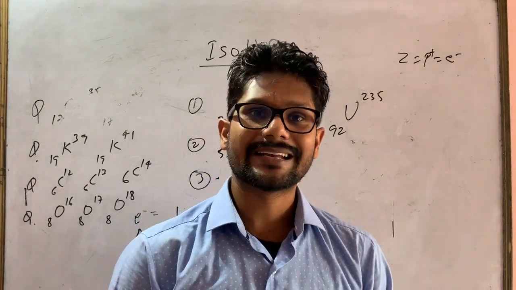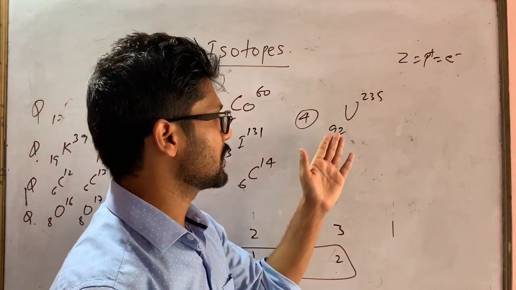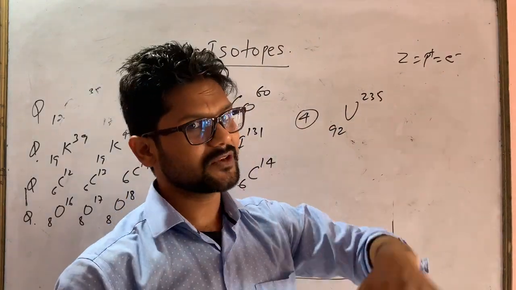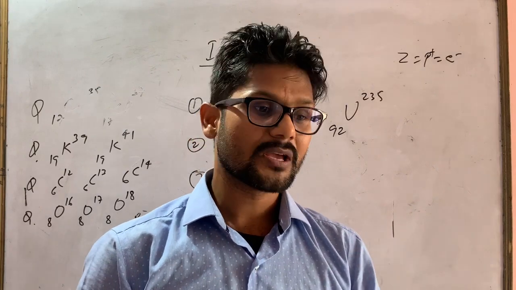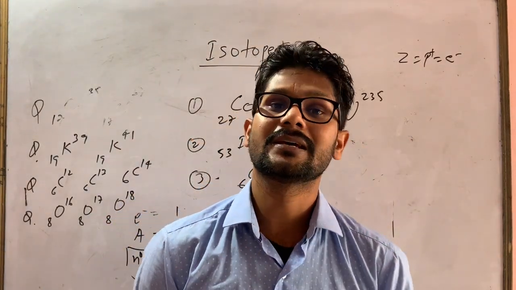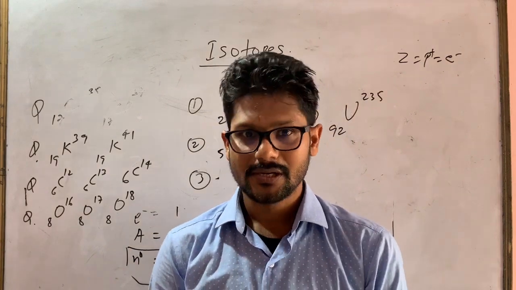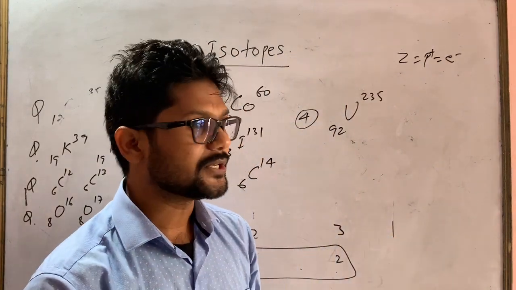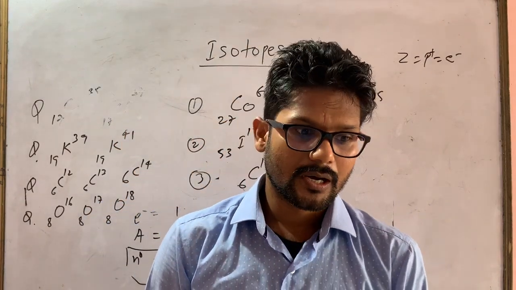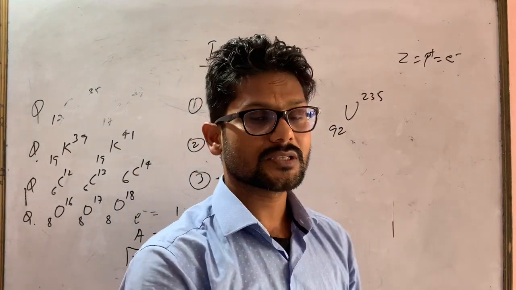The uranium isotope is uranium-92-235 as well as uranium-92 and 237. These are the isotopes of uranium, but this isotope is used as a fuel in a nuclear reactor. So these are the important uses of isotopes. There are many more uses you can go through, but at least remember these many uses.